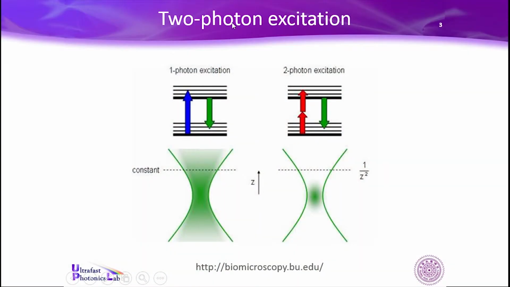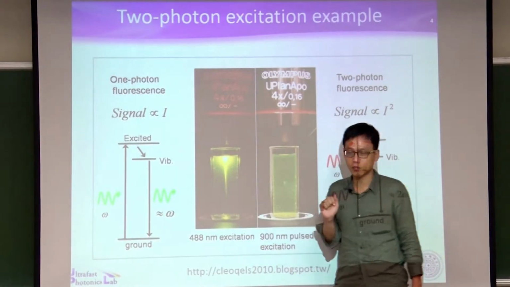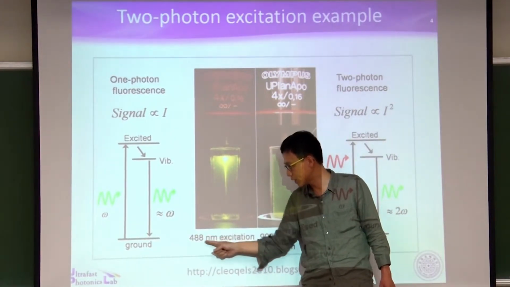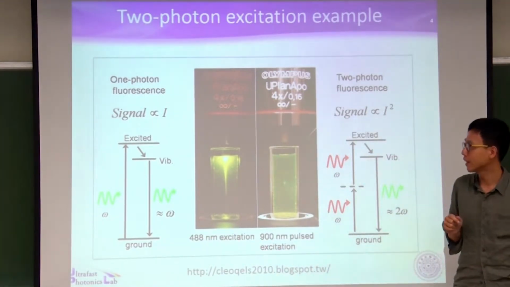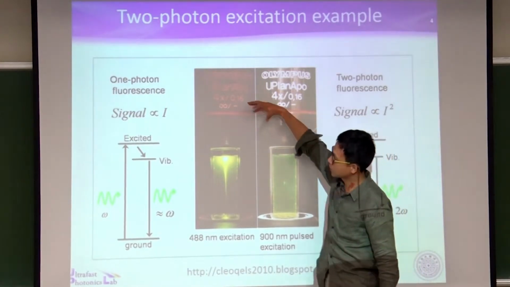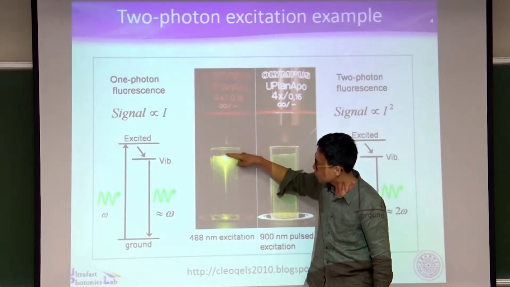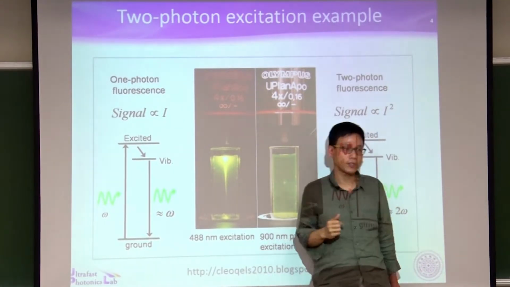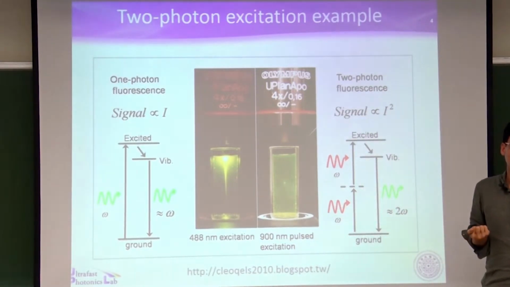Okay, so I can show you one impressive picture. The left-hand side is single photon excitation. The wavelength of excitation laser is 488 nanometers. Okay, and if you focus the laser beam, what you can see? A large area is bright. A lot of fluorophores at different depths are excited simultaneously, right?